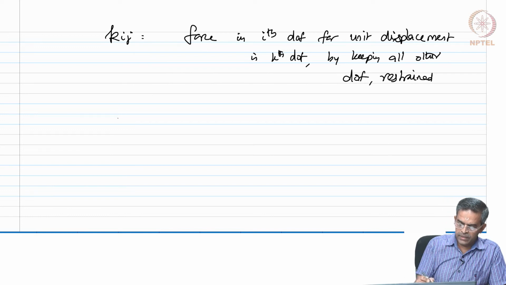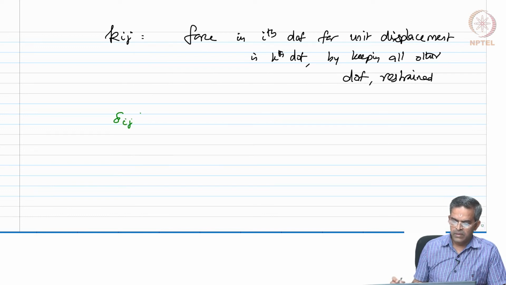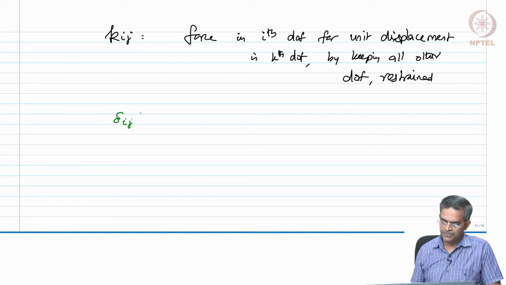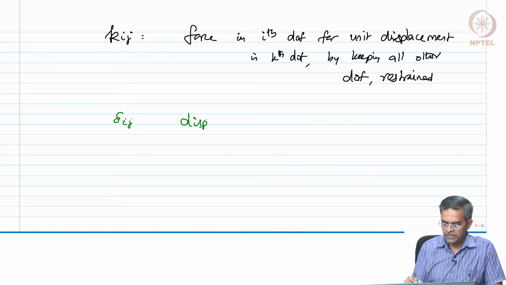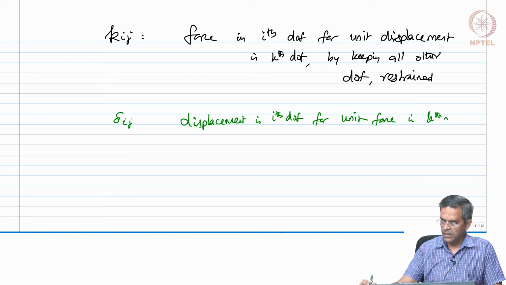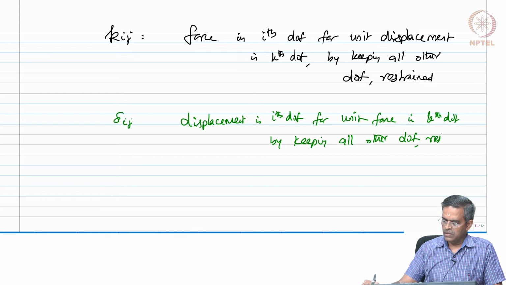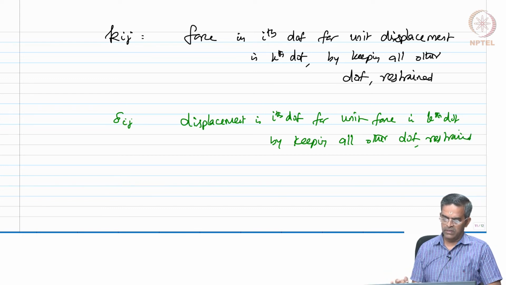Now, I want to write the flexibility definition. Flexibility coefficient will be displacement in ith degree for unit force in kth degree by keeping all other degrees of freedom restrained. Is it not? Just the reverse of this.